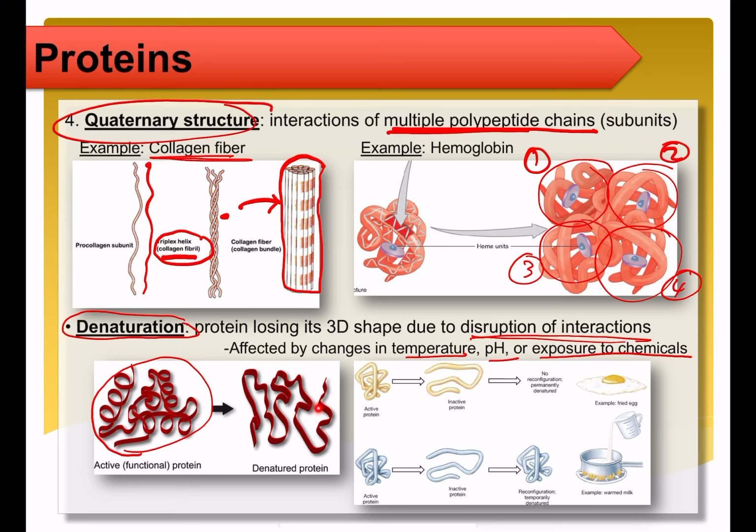And something we can actually see denaturation of is if we think about an egg, okay? The egg white is mainly made up of proteins. When you first crack the egg, the egg white is actually clear. It's see-through because there are active proteins within the egg white in their globular shape with all those chemical interactions that give them this particular 3-dimensional structure. But when you heat the egg up on the pan, heat is changing the temperature of the environment of the protein, which denatures or disrupts those interactions that are formed within the molecule itself.